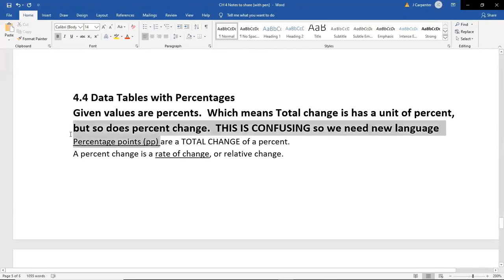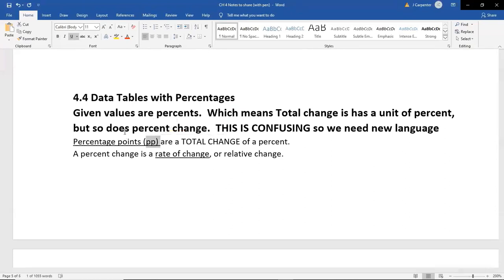If you're in sports, you may have heard this phrase thrown around a little bit. But percentage points, this symbol PP for percentage points, and there's a couple different ways they abbreviate it, unfortunately, but that's the main one. PPS is the other main one. I was trying to remember what I was commonly seeing, PP or PPS, percentage points. They are used for total change. Percentage points are used for total change.